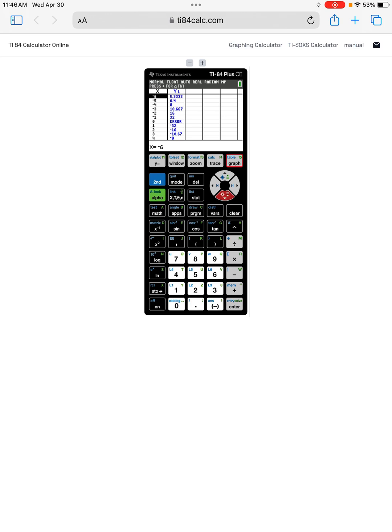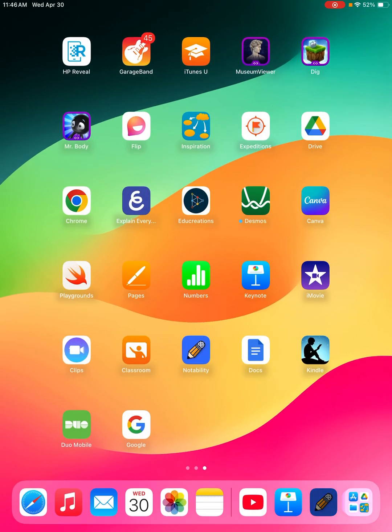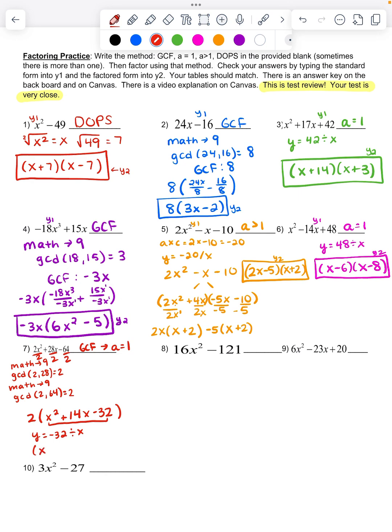So I'm looking for a positive 14, and I see negative 2 and positive 16. And with a equals 1, that's all I need, a negative 2 and a positive 16. Just don't forget that the 2 you factored out in the very beginning belongs in the front of your answer.